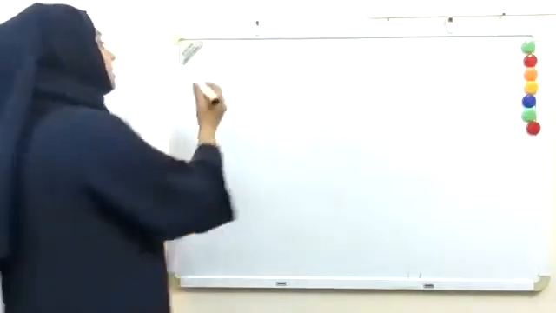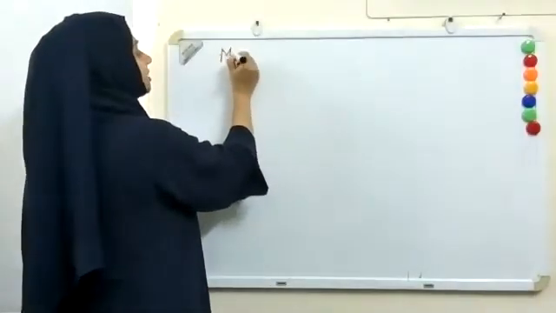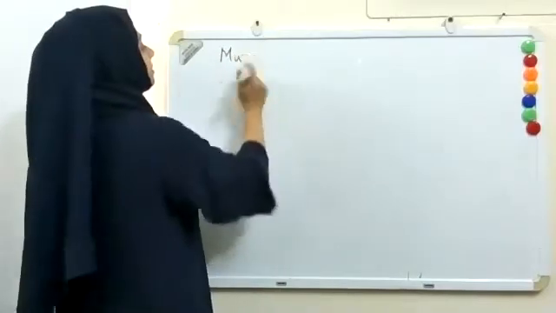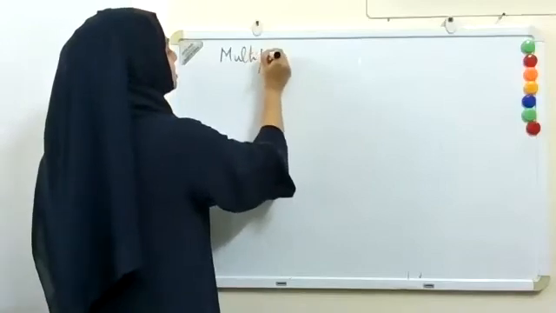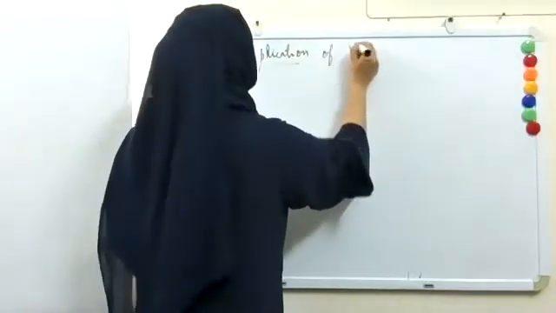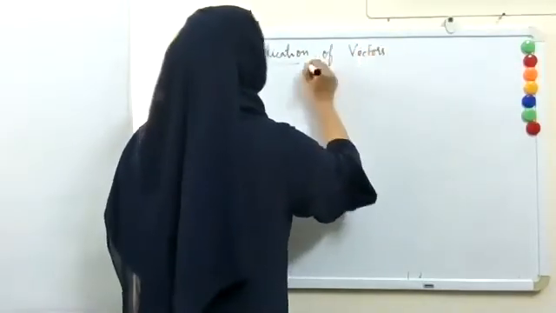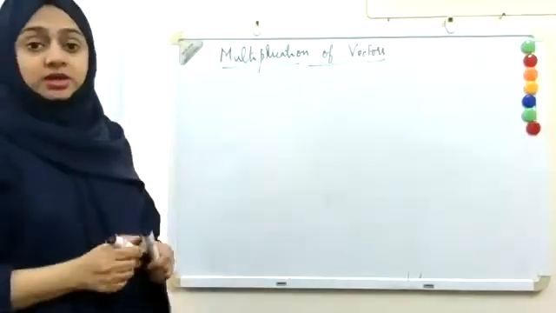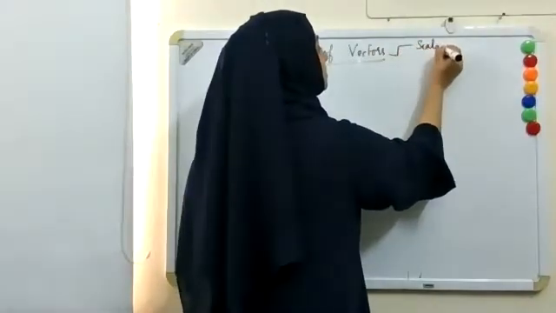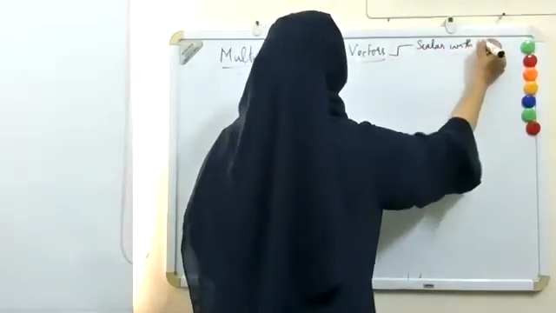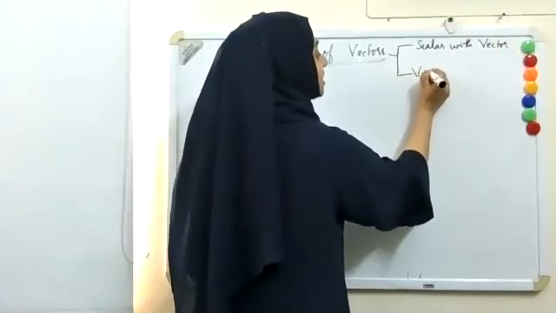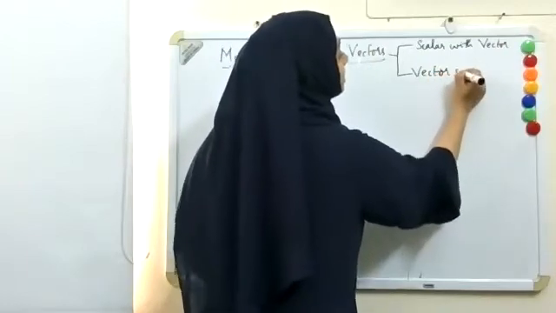For example, multiplication of vectors can be of two ways. One, it can be multiplication of a scalar with a vector, or it can be multiplication of a vector with a vector.